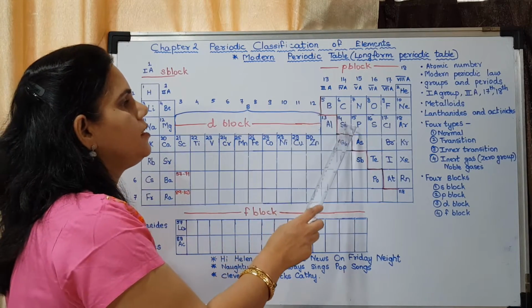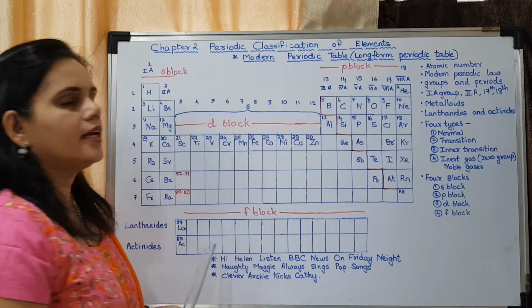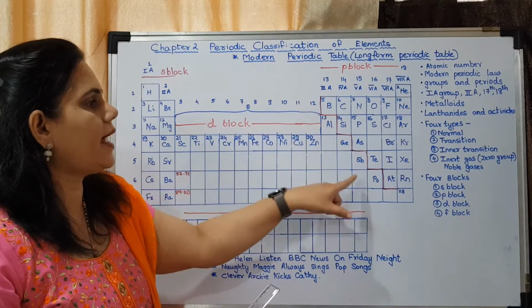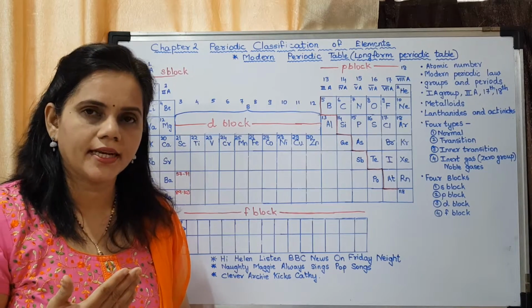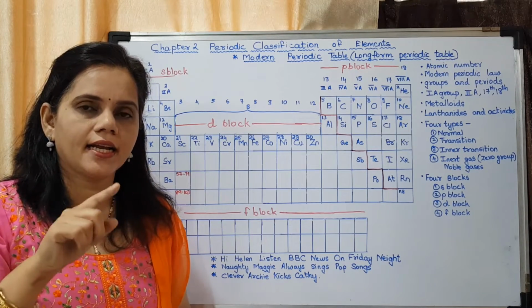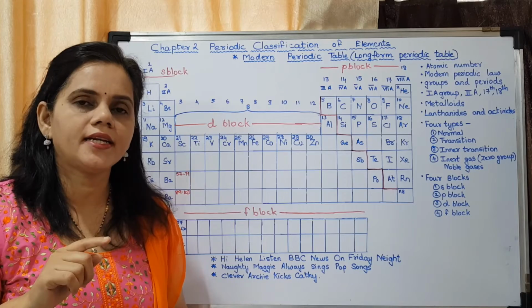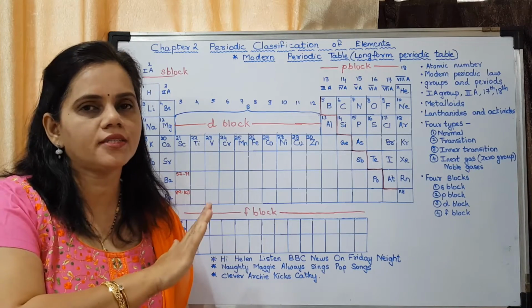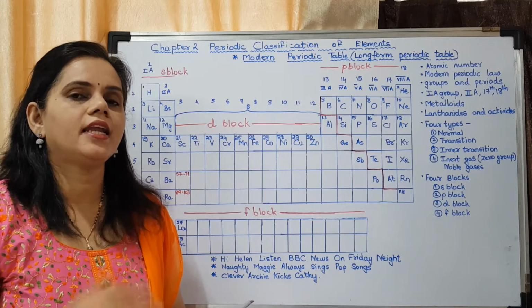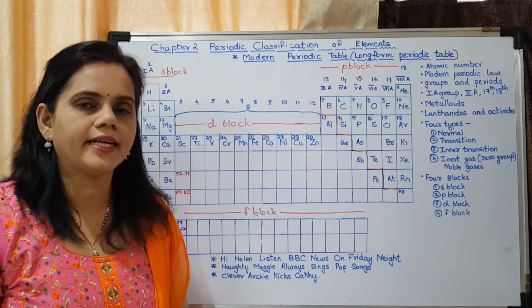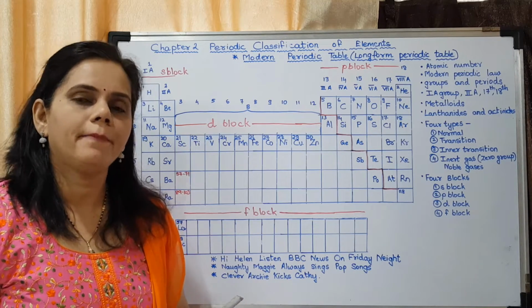There is a zigzag line shown in the periodic table. You may check in the textbook. It separates the periodic table into left hand side and right hand side. The elements near that zigzag line are said to be metalloids.